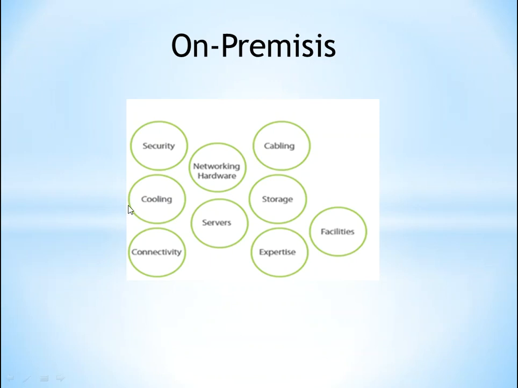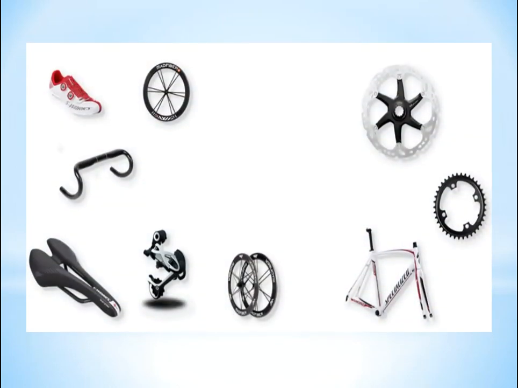Before going to that, I would like to take the example of a bike. Suppose a person wants to make his bike by himself. So he goes to the shop and purchases the wheels, alignment, seat, and the structure.